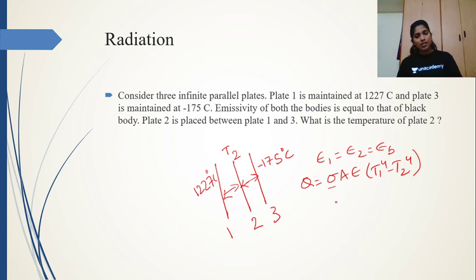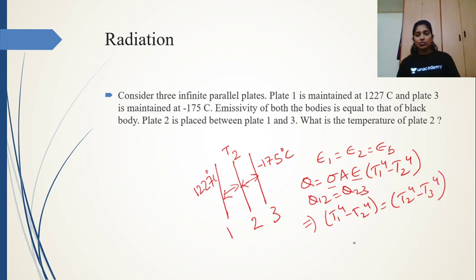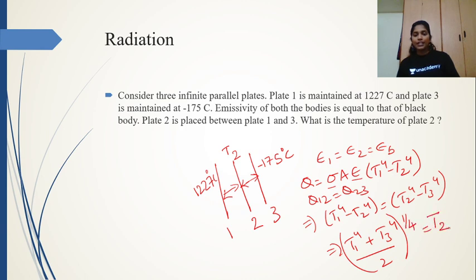The sigma value is the same for both cases, emissivity is the same, and the area is also the same, which means Q12 is equal to Q23, that is T1 power 4 minus T2 power 4 equals T2 power 4 minus T3 power 4, right? So you will get T1 power 4 plus T3 power 4 by 2, whole to the power of 1 by 4, which is equal to T2. This is the temperature of the second plate.